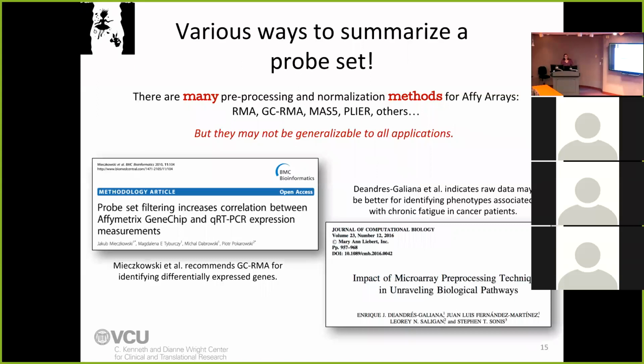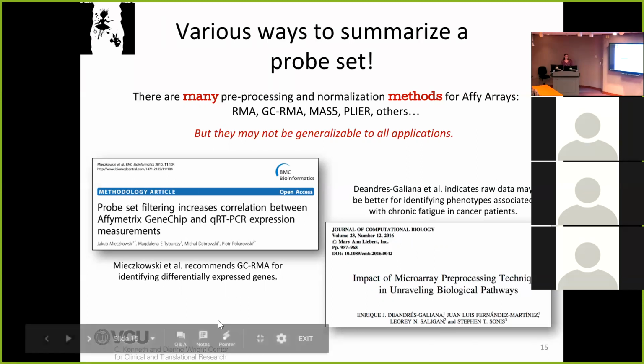So there are also various ways to summarize a probe set, and there are a few different normalization methods for Affy arrays. When you look through the literature, there are papers that directly contradict other papers, and I just wanted to say that one particular normalization method or probe set summarization method might not be generalizable to all applications.